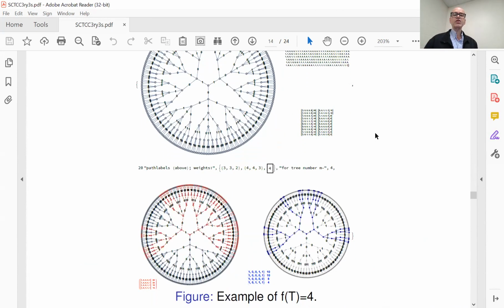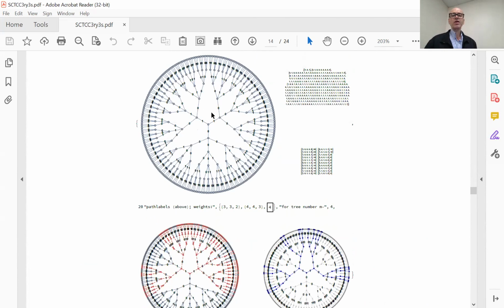So for each one of these, what I show is the edge labeling, and then this little corner here, upper right, shows the path labels that are used. For example, you see 101 here. So it starts from the middle. Start from the root, go this way, 101. After that, I have 010.